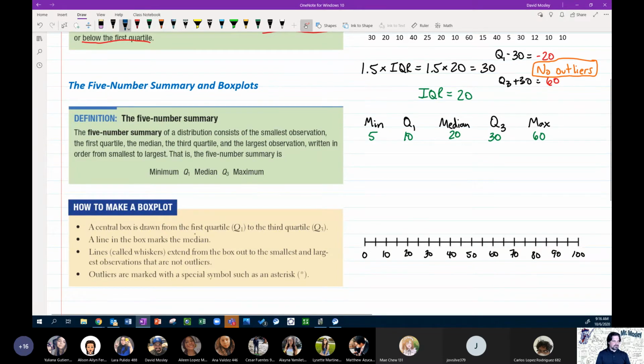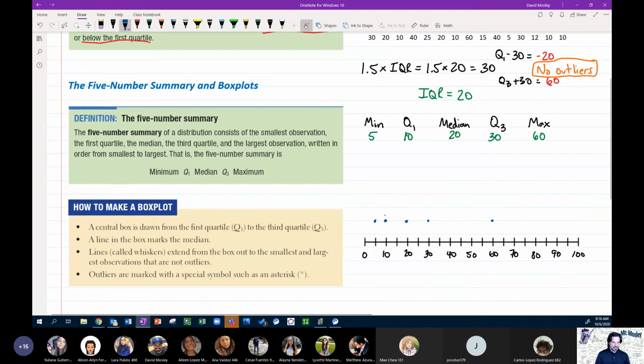The central box is drawn from the first quartile, Q1, to the third quartile, Q3. So I'm going to mark where all my points are. Minimum at 5, Q1 at 10, median at 20, Q3 at 30, max over here at 60.